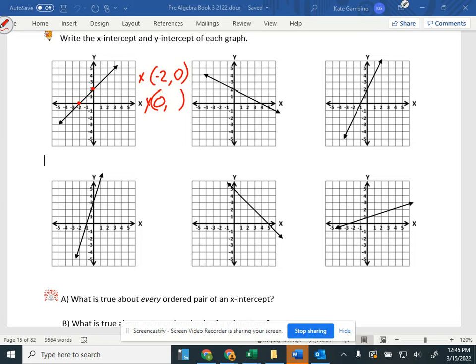So if we go up the Y-axis, it crosses over at 2. So the Y-intercept would be 0, 2. So it's very important that we label which one is our X-intercept and which one is the Y-intercept, so that we keep in mind which one is which. Because we know it's got to be crossing the line, but you need to remember which one's the X-axis and which one's the Y-axis.